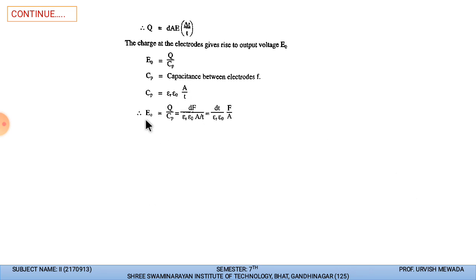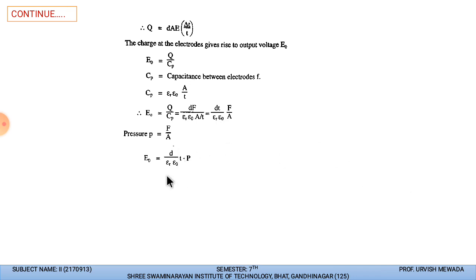So the E0 equation will be Q by Cp. We put the value of Cp over here, so d F by epsilon 0 epsilon r A by t, and after solving this the equation becomes F by A into d t by epsilon 0 epsilon r. Now pressure p is equal to F by A, force per unit area.